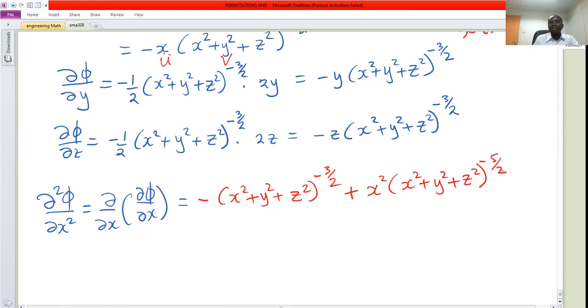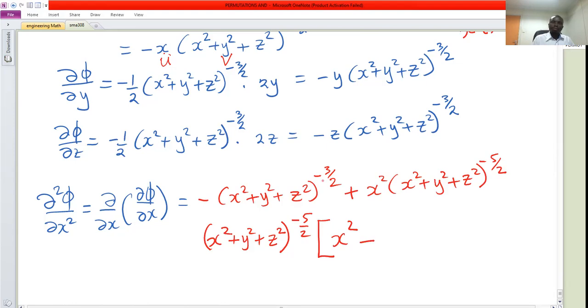But then we can simplify this one further by putting this one outside the bracket. So I have (x squared plus y squared plus z squared) raised to power minus 5 over 2 into brackets. Now, this and this are the same. Or maybe I can start with this part, which is x squared. And here, I have a negative sign.